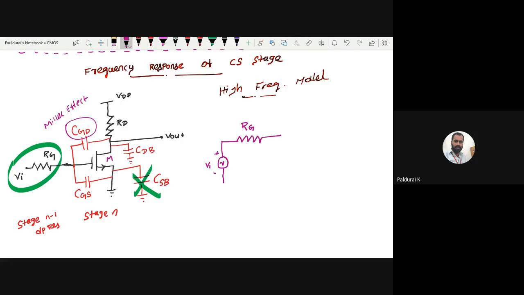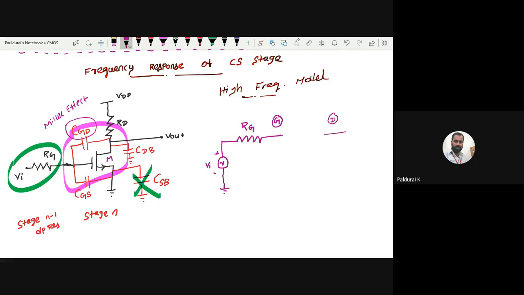Then the high frequency model of this MOSFET, so straight away play with that. This is my gate, since this is common source, the source is connected to ground, and at the output, this is my drain.